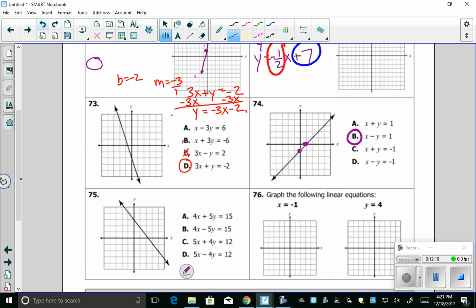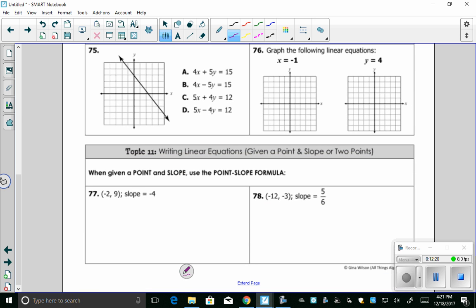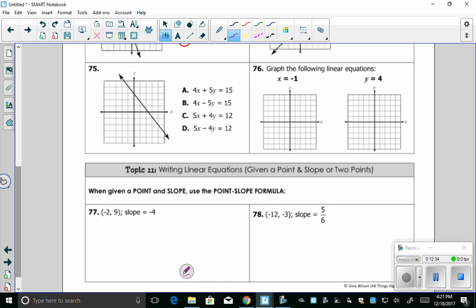Number 75. Because your x-intercept isn't clearly on an exact line, you can't use the same method as 74. So you need to convert it to slope-intercept. So for problem 75, I first have 4x plus 5y equals 15.